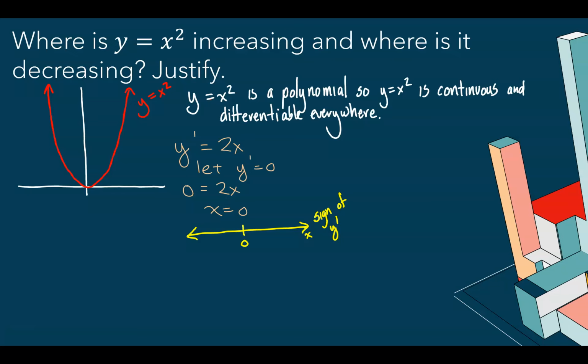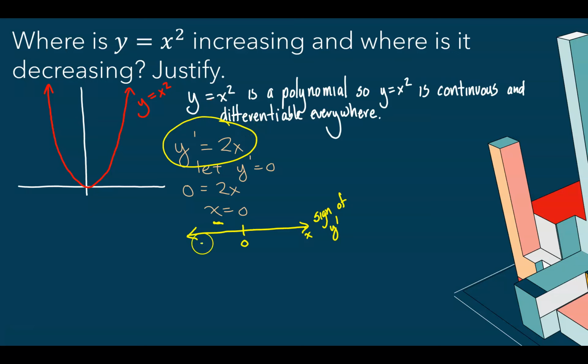So choose any number less than 0. It could be -1, -10, doesn't really matter. When you put that into y prime, 2 times -1 is negative. We don't actually care about the number. -5 times 2 is negative. 2 times -1,000,000 is negative. So all of these x values less than 0, if you put them into y prime, we would get a negative number. And remember, a negative first derivative indicates that the function, in this case x squared, is decreasing on that interval.